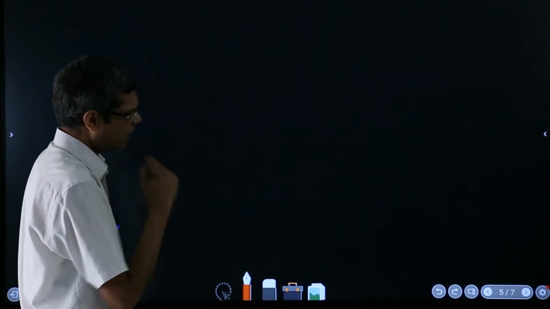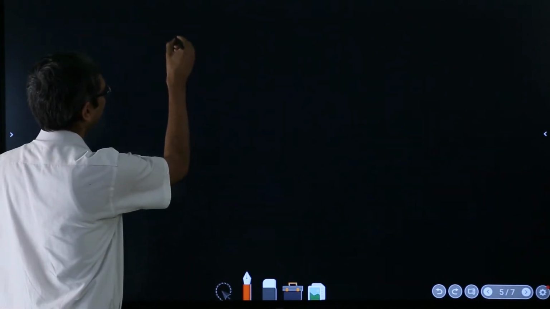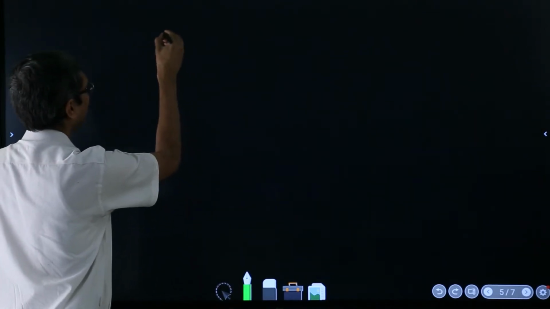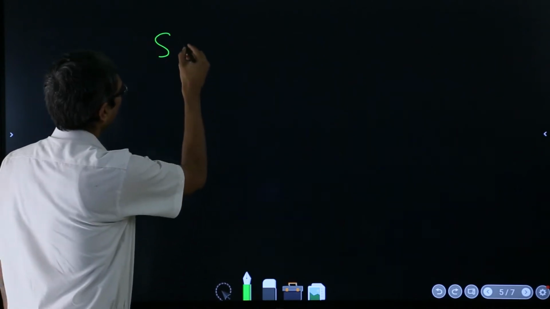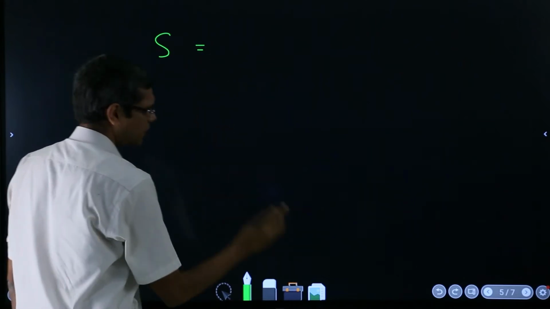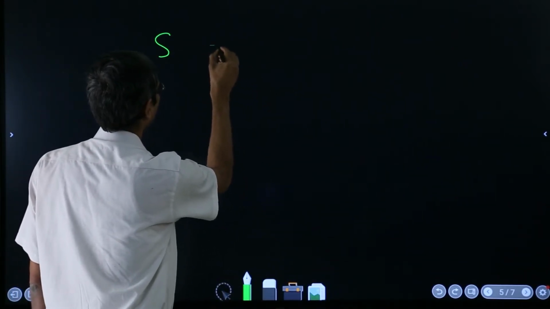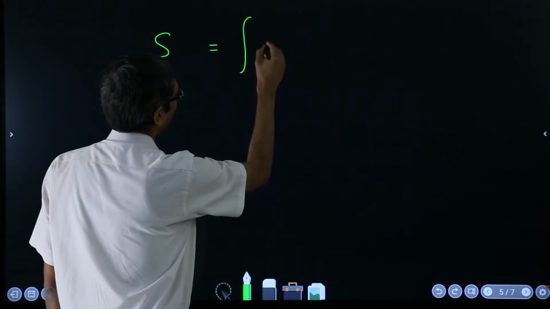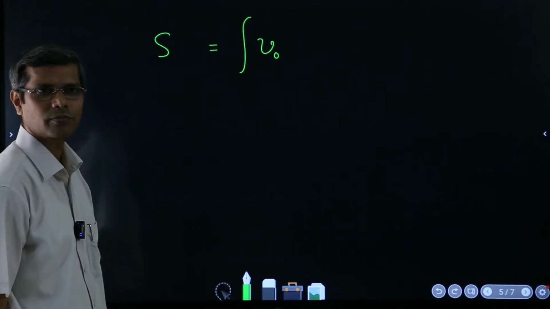Now here, what we will do is define another function, say S, to be the integral of whatever V naught you have as a function.